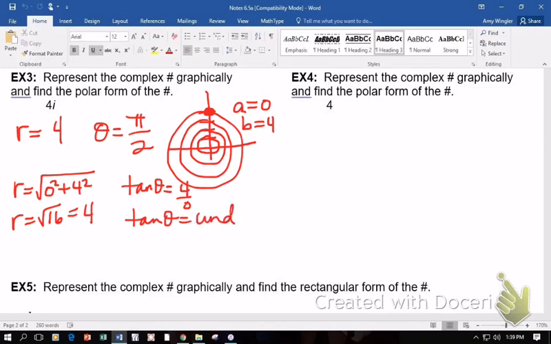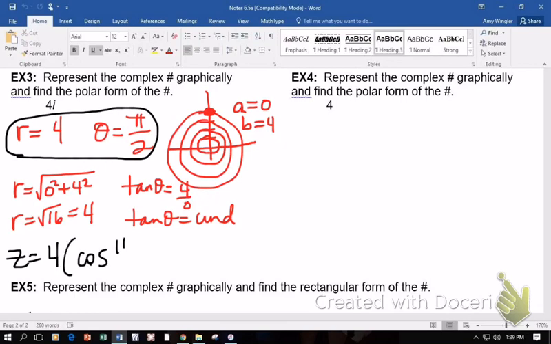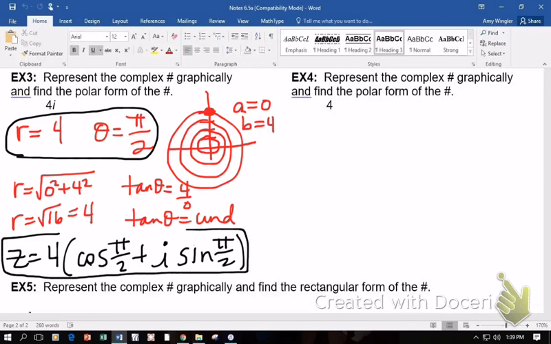Well, tangent is undefined at pi over 2. So once you get your two values, which again, I prefer to just look at the graph and get, you plug them into your equation. Z equals R times the cosine of theta plus I times the sine of theta. And that's your polar form of a complex number.